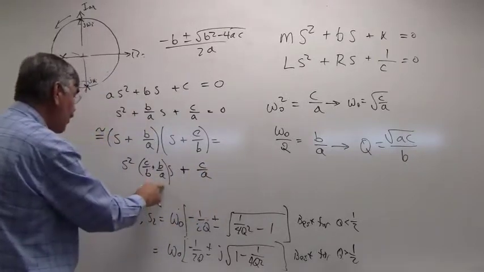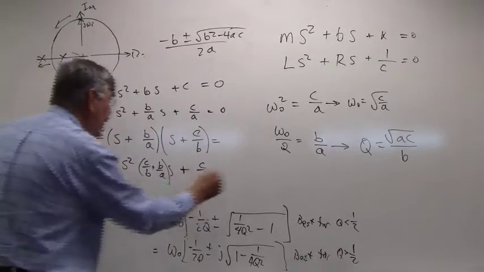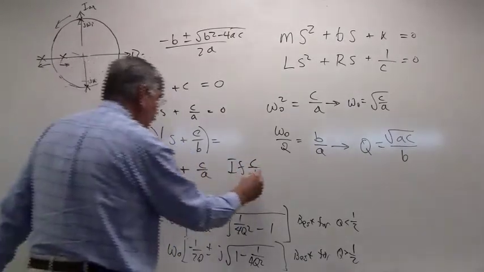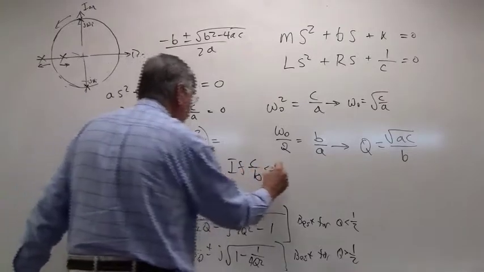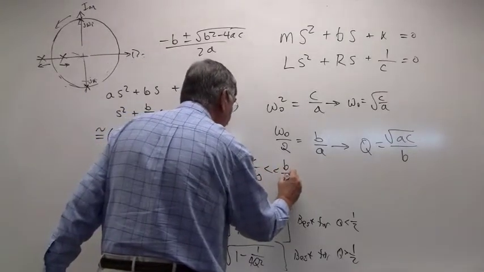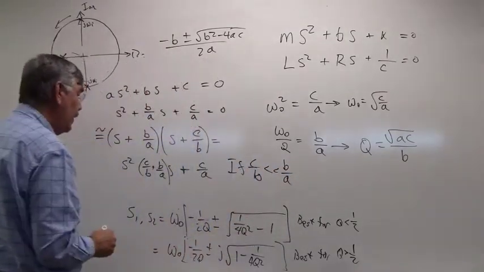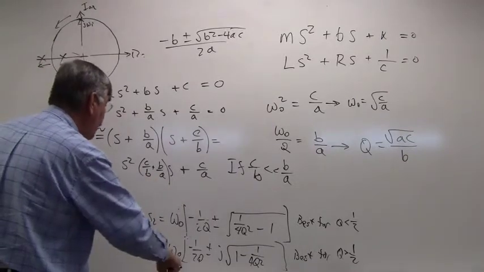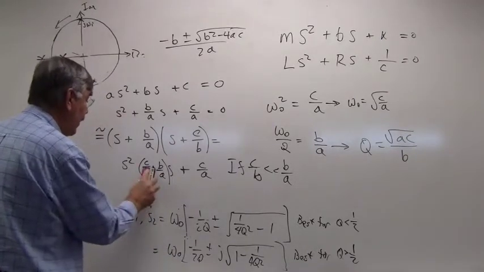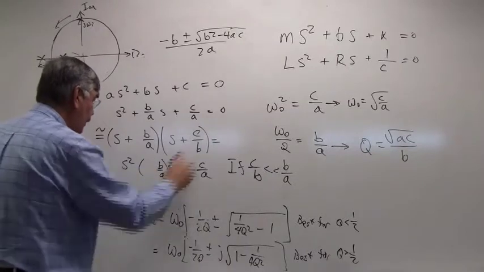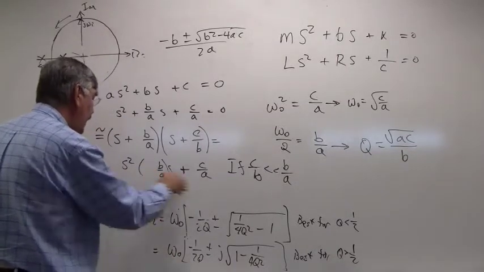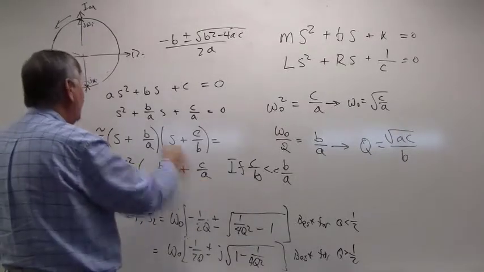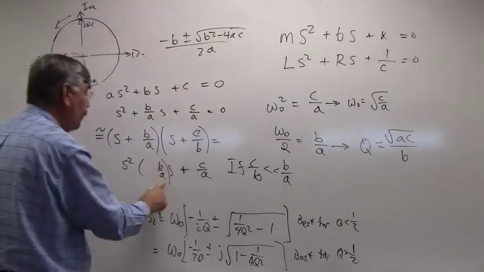So under the condition that c over b is much less than b over a, which can happen, and we'll see when in just a second, then we can neglect the c over b term without making a big error. And that's the version I had here. And then this thing is approximately equal to this guy, and that was the form that we had in the first place.